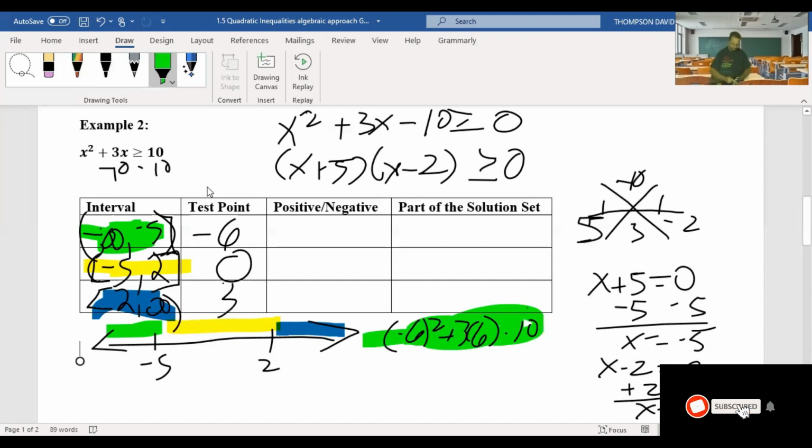So plugging it in, negative 6 squared plus 3 parentheses negative 6 minus 10, and that gives me 44, which is positive, so that is part of the solution set.